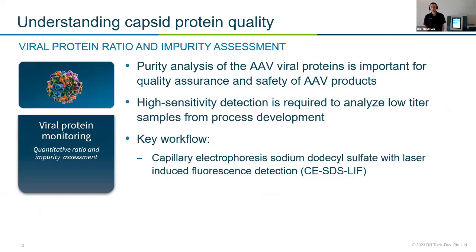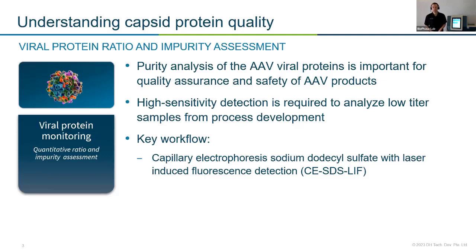We need that capsid purity assessment, both for our quality assurance and for our patient safety, because it's a regulatory expectation. And we need a very high sensitivity detection method, mainly because the titers of viral vector products are very low, whether they're coming out of cell culture or different process development stages.